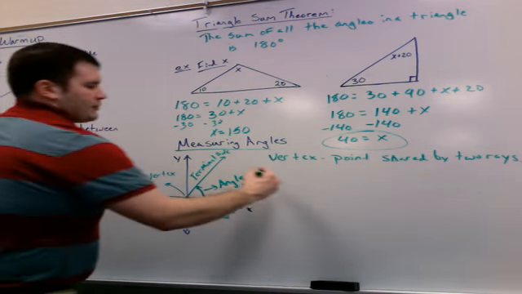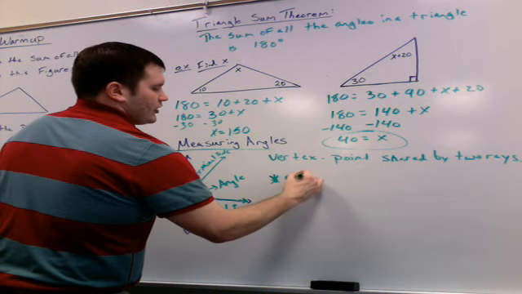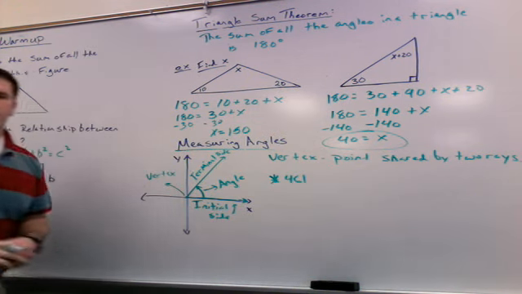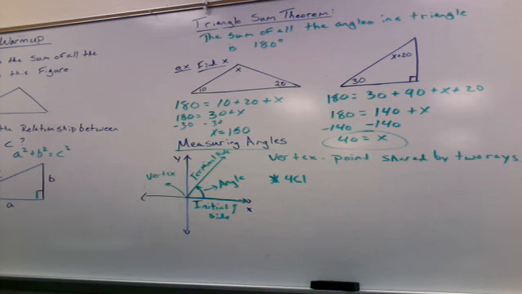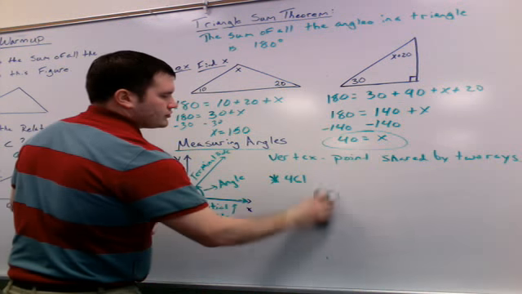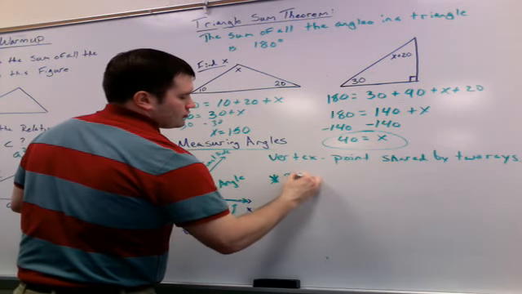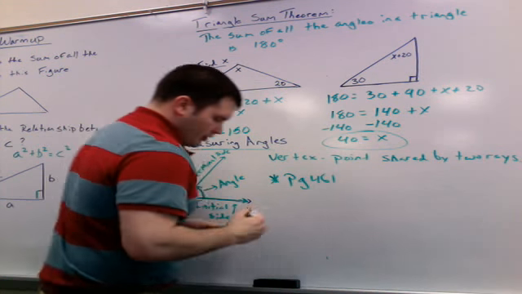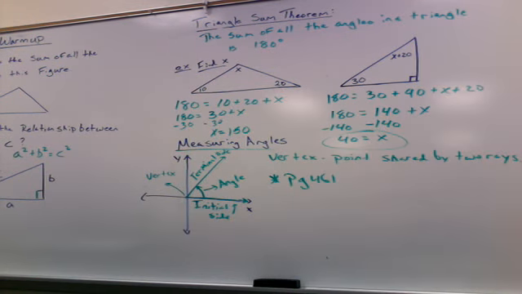Your book goes through this on page 461. So if it's not making sense, check out page 461, and that'll help you out. The book has a nice paragraph that you can read about it.